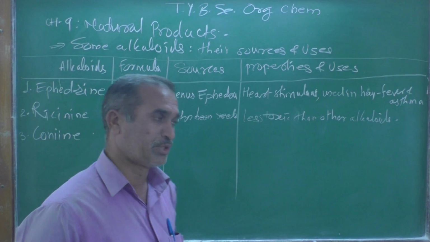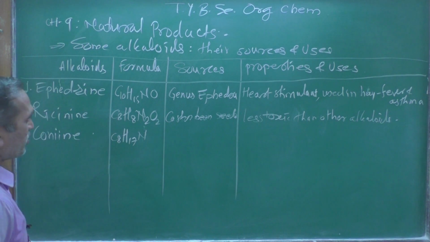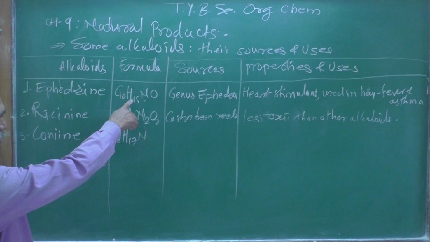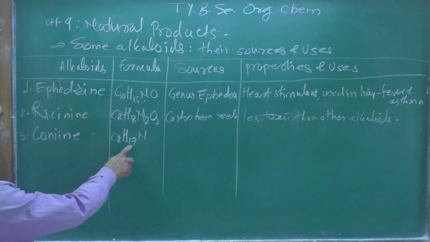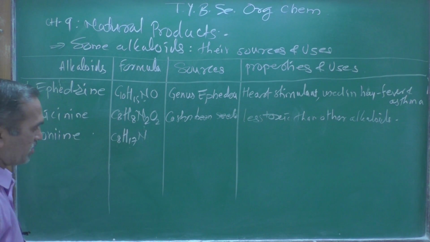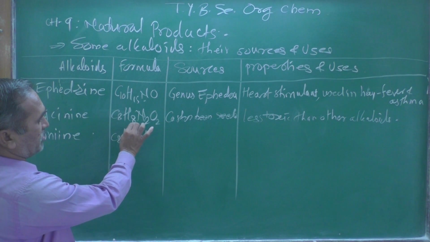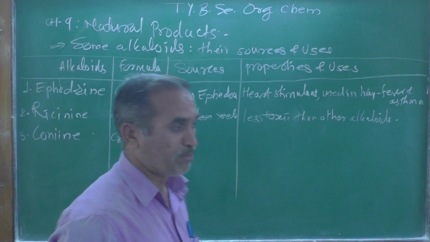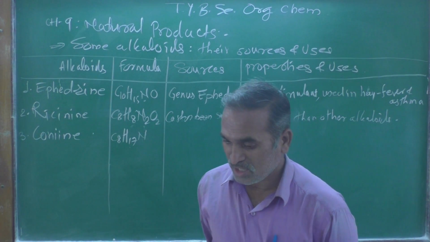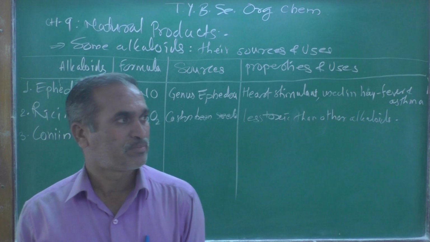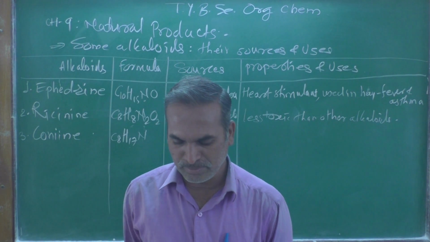Look here: only one nitrogen atom, therefore 15 hydrogen atoms. Here only one nitrogen, therefore 17 hydrogen atoms. Look here: 2 nitrogen atoms are there, therefore an even number of hydrogen atoms. That is the general thing you should remember.